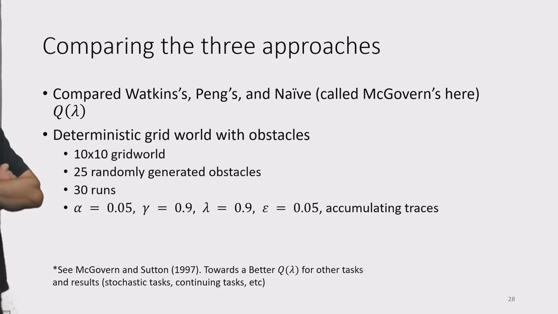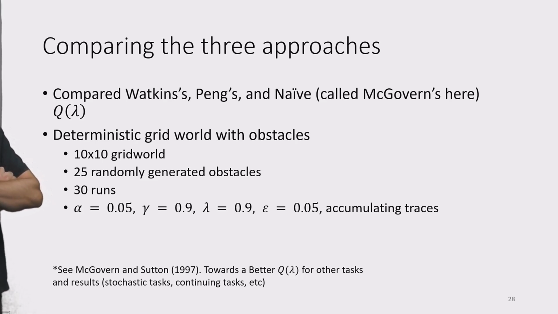The results are for a deterministic grid world with obstacles, 10 by 10 in size. There are 25 randomly generated obstacles, and the results are averaged over 30 runs. Learning rate is set to 0.05, gamma is 0.9, lambda is 0.9, and epsilon for epsilon greedy is 0.05. And we're accumulating traces.